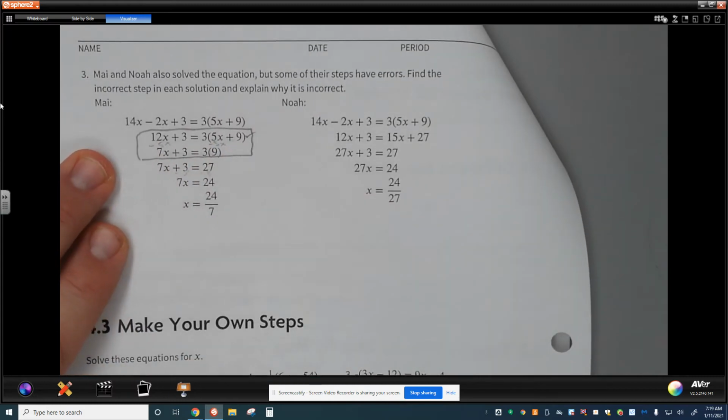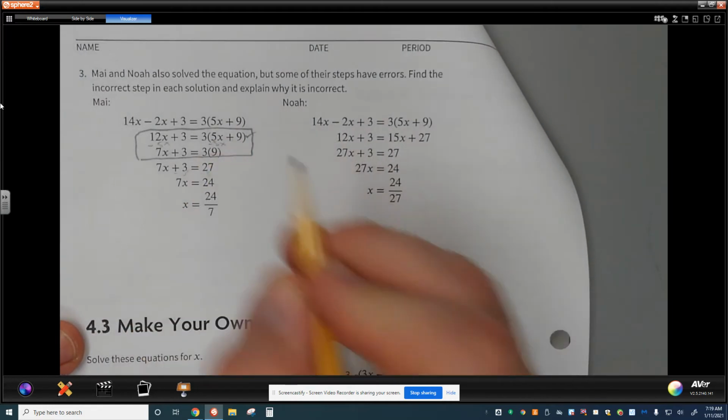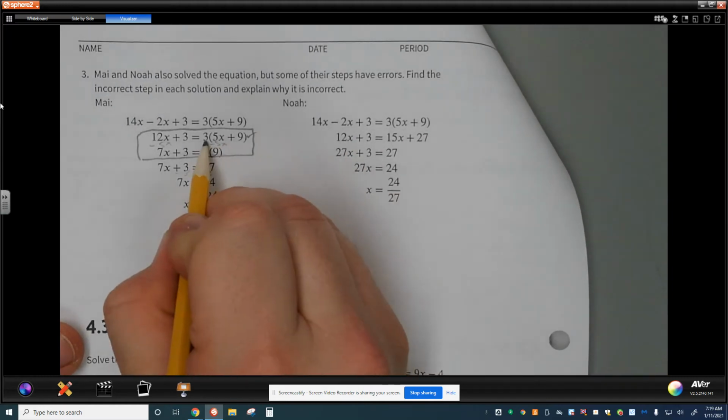What I would tell May is, hey, you have to distribute before you start using subtraction. Kind of like following the order of operations. We need to do that first. Or she could have divided by 3 first.